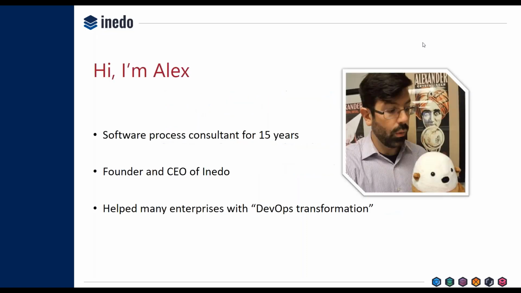But a little bit of background, I thought I'd tell you just who I am and who the speaker is. So my background, I've been a software process consultant for quite a while now, 15 years. I use the word software process because it describes what a lot of organizations are trying to achieve.